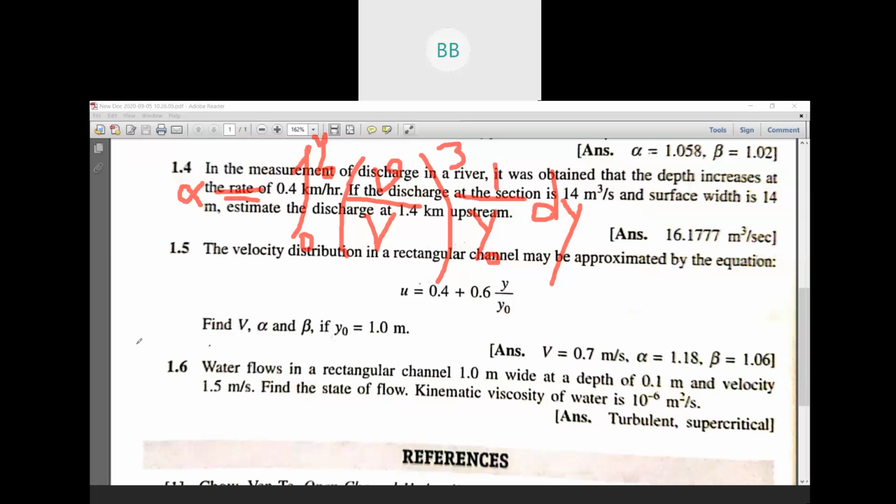If you further substitute the value 1 by y naught, y naught is again 1, it's given. So 1 by 1 is 1, so we are not going to write this one. So integration 0 to 1, velocity v cube.